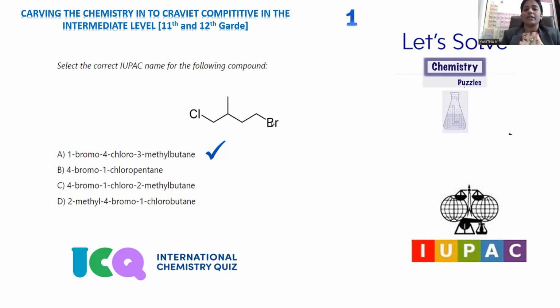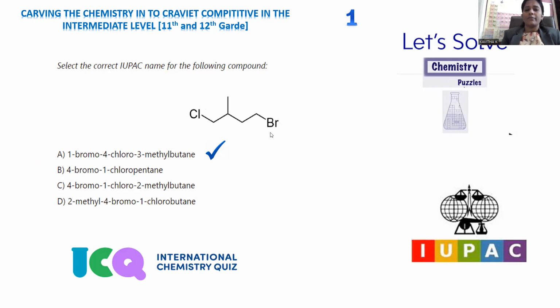The numbering, if we start from this end, wherever a corner is there, that is mentioned with a carbon atom. Carbon number 1, carbon number 2. Carbon number 3 contains another side chain, that is methyl. So the 3 methyl we have to mention. On the 4th carbon, another group is there, that is called chloro.